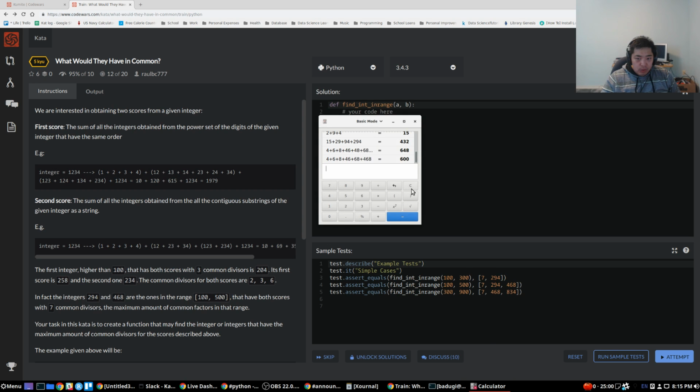I get more confused with the set of instructions than anything else. The first integer, I don't get it.